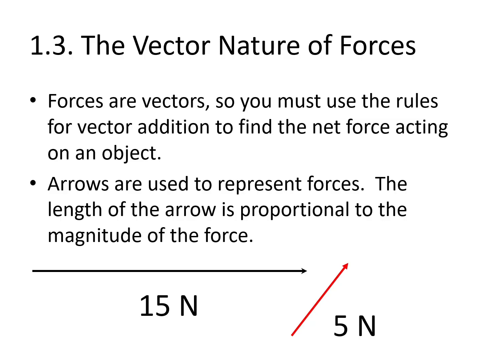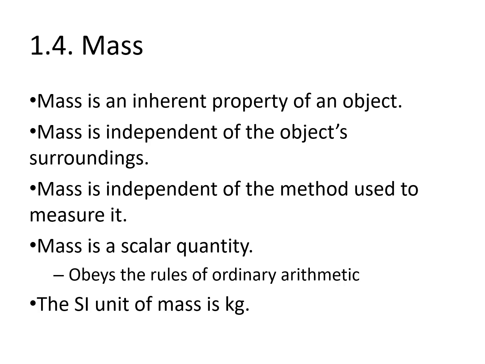Before calculating net force, we also need to distinguish force from another important physical quantity, mass. Mass is an inherent property of an object and is a measure of how strongly the object resists a change in its velocity. Mass does not depend on the object's location. An object has the same mass on Earth, on the Moon, or in deep space.